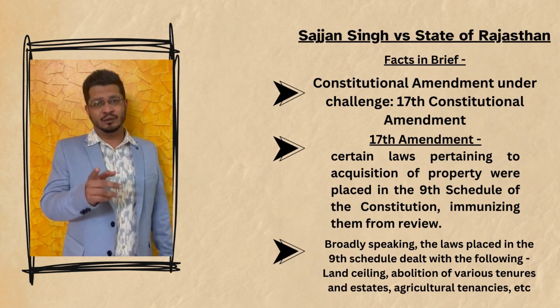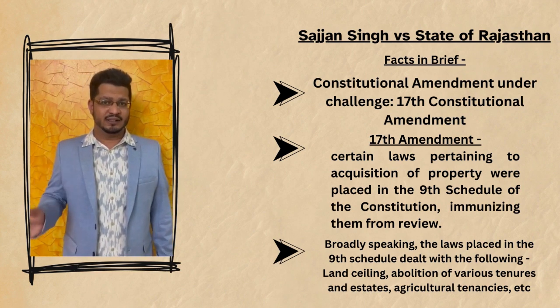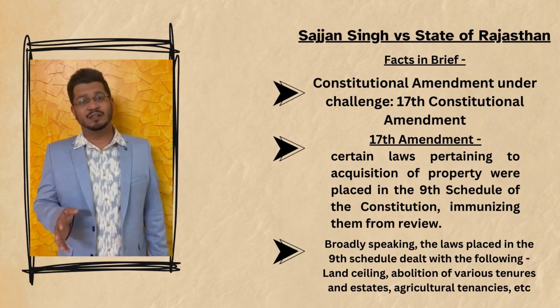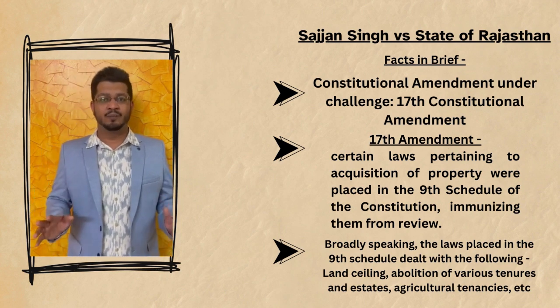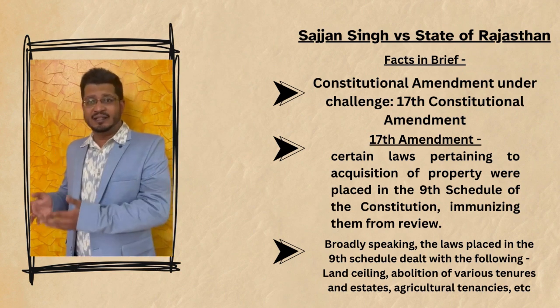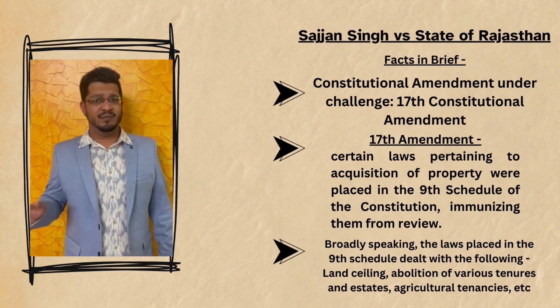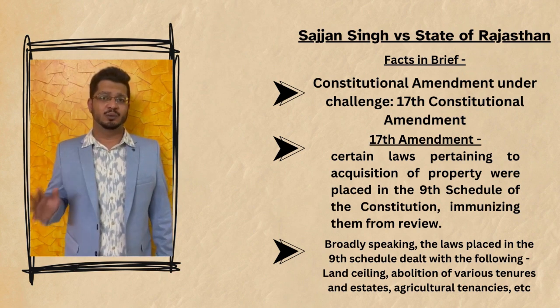And suppose that you wish to challenge the order which required acquisition of your land for the purpose of building a well. Now, if Act number 1 of 1950 was placed in the 9th schedule of the Constitution, you do not have any remedy before the High Court or the Supreme Court.